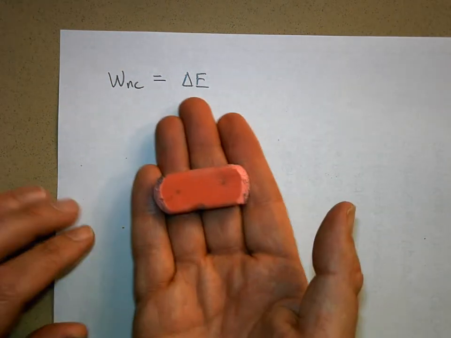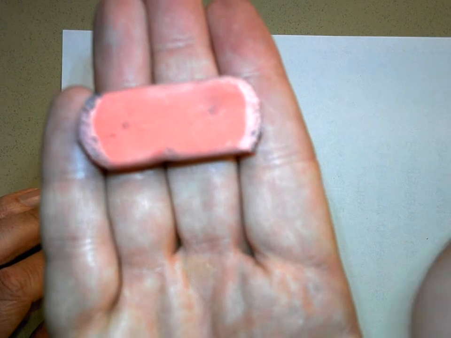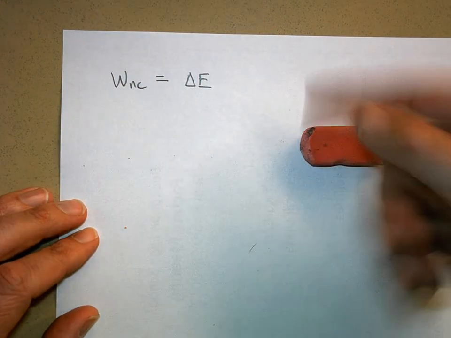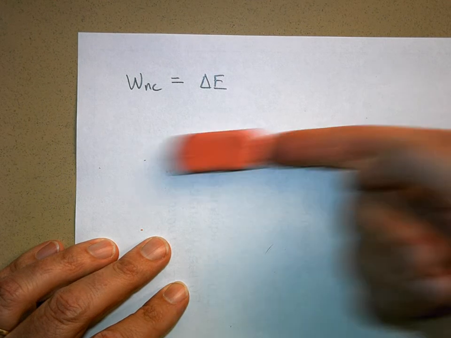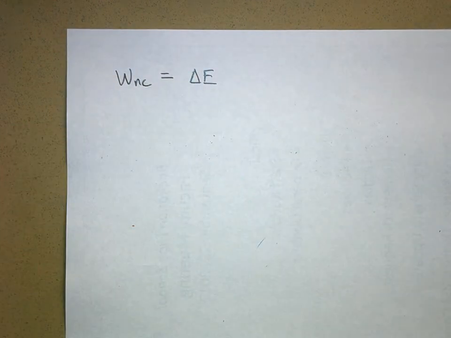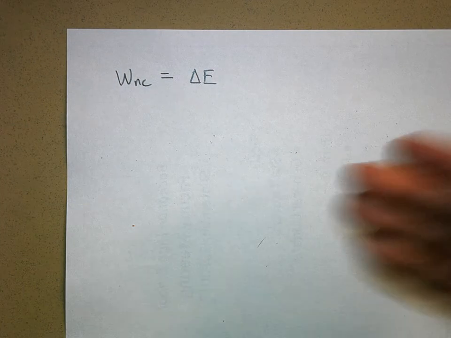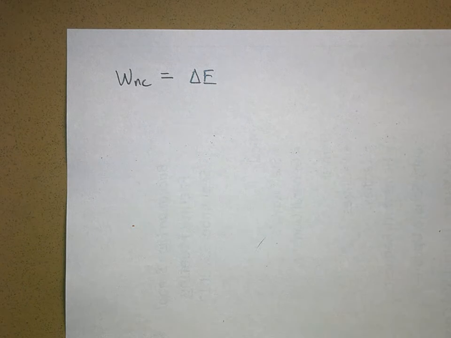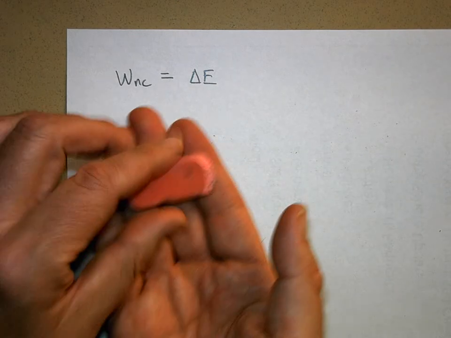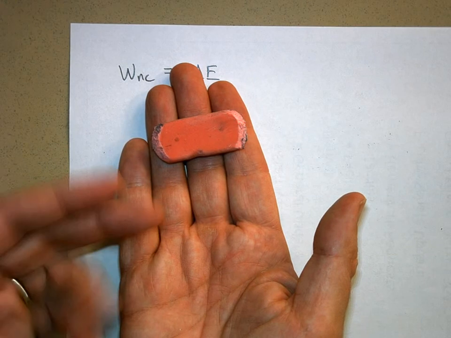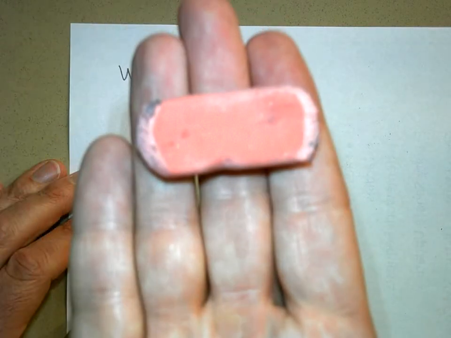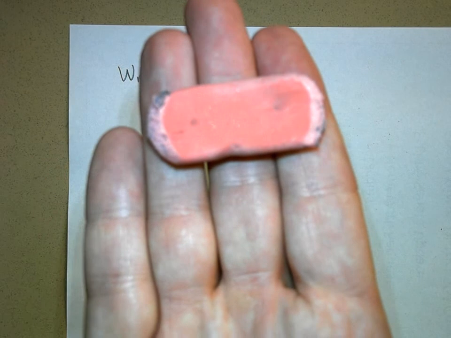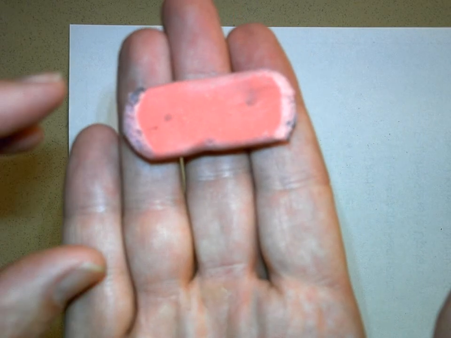I'm giving it gravitational potential. In this case, if there was no friction to slow it down, if I applied a constant force like this, it would go faster and faster and faster. My non-conservative force, my applied force, is giving it kinetic energy. Or here I have a non-conservative force, my hand pushing on it, lifting it up. I changed the mechanical energy. I gave it gravitational potential energy.